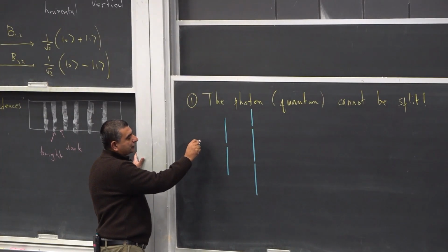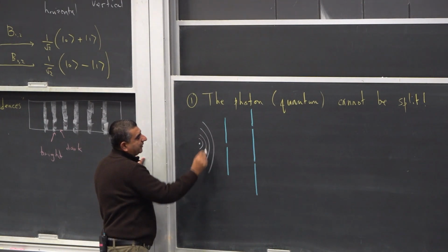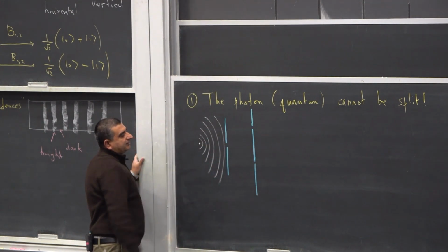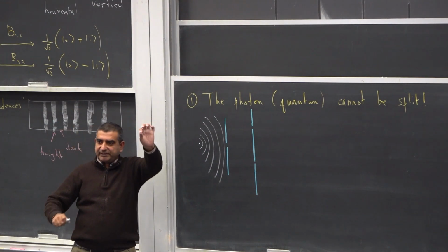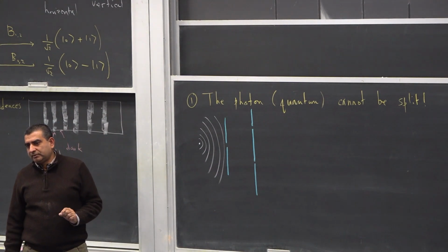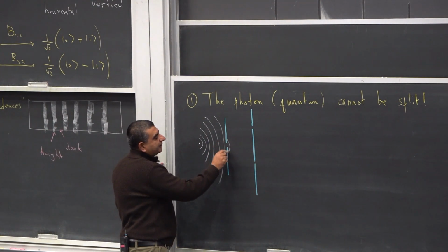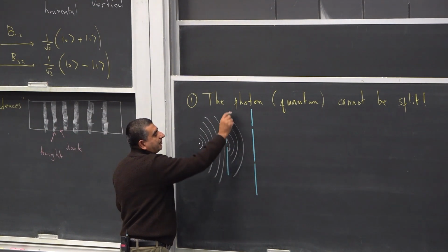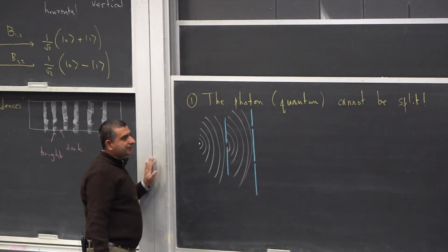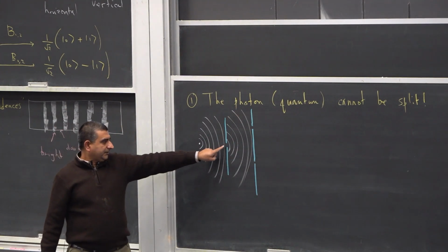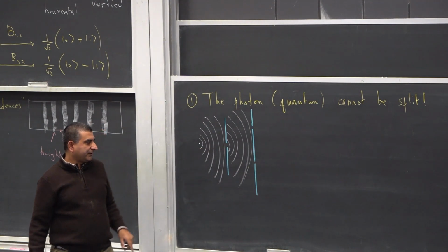So here is my source of excitation of waves, and there is a barrier. The blue represents a barrier, and there's a small slit inside this barrier. All right. Now what happens is, once again, a wave is produced. So these are secondary waves emerging from this barrier.